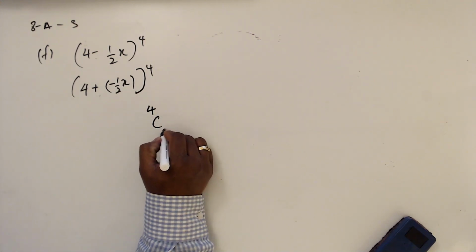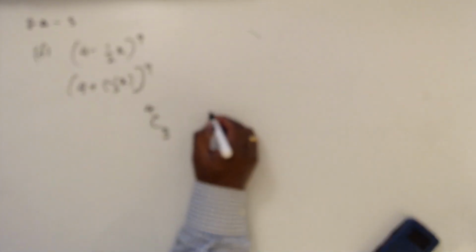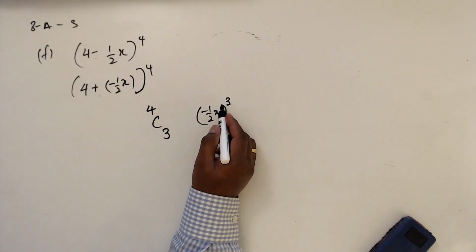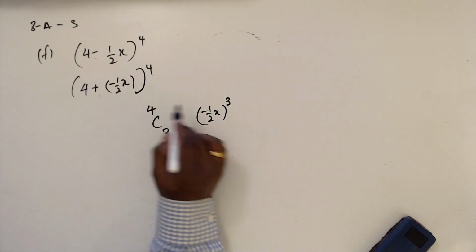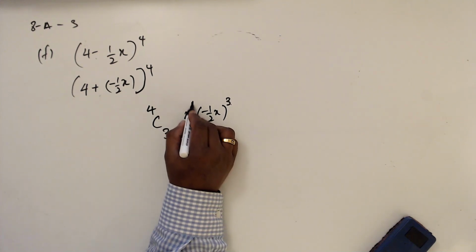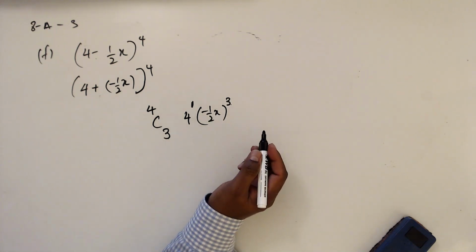4c, we need the third term. Then minus half x to the power 3, and this has to be 4. The total has to be 4. Then the other term, only one power goes there, 3 plus 1.